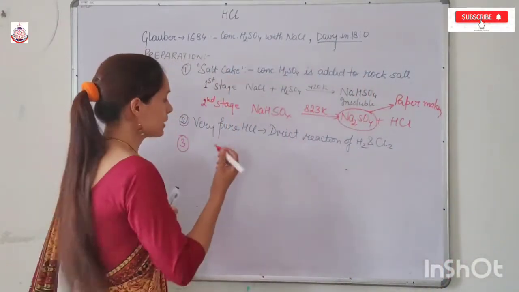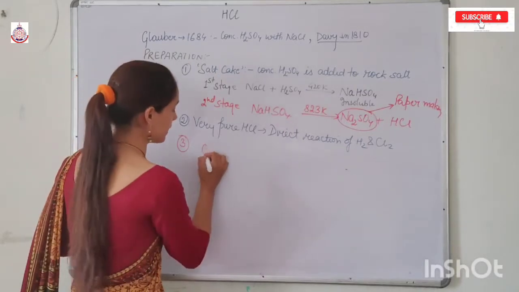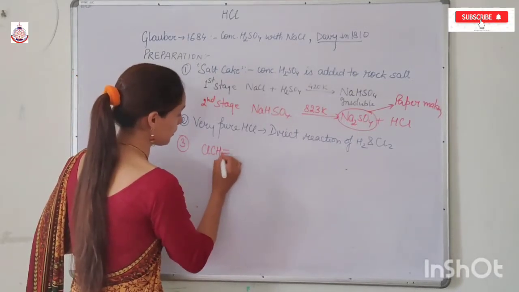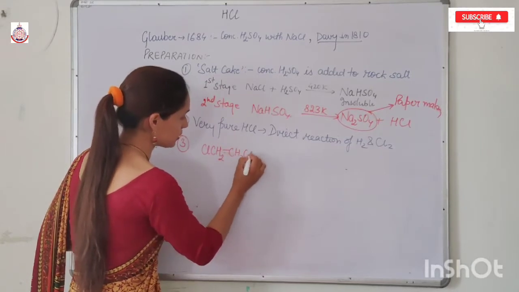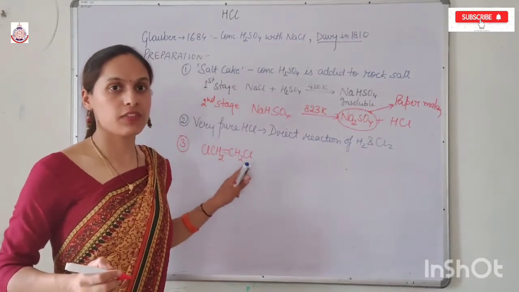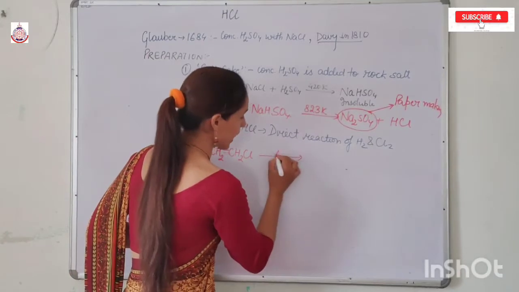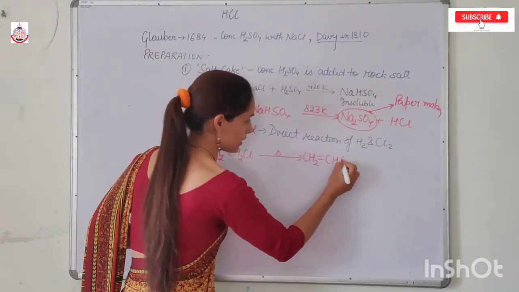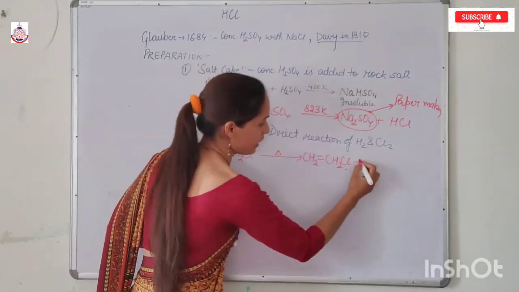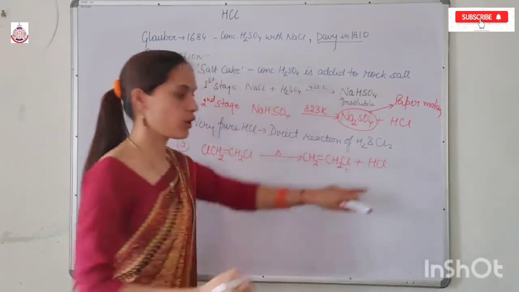For example, suppose in an industry CH2Cl-CH2Cl, that is 1,2-dichloroethane, is converted into vinyl chloride, then we get a large amount of HCl.